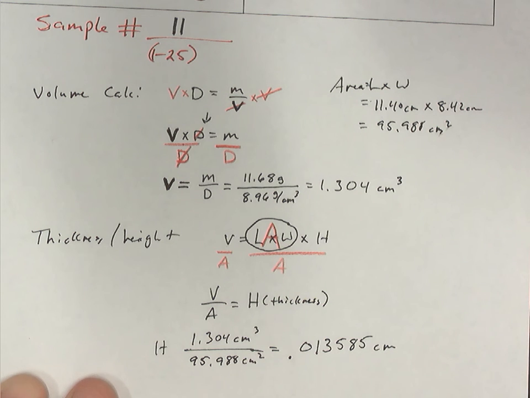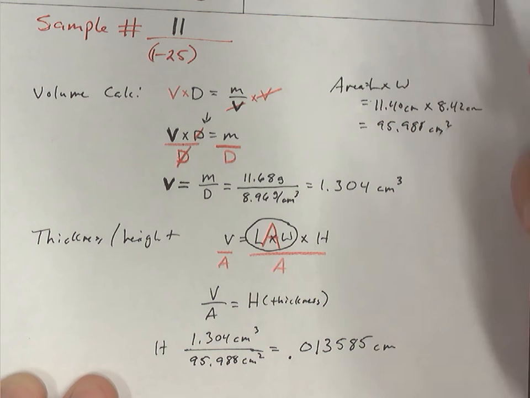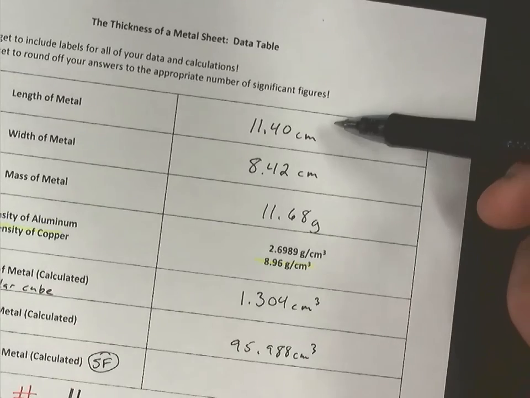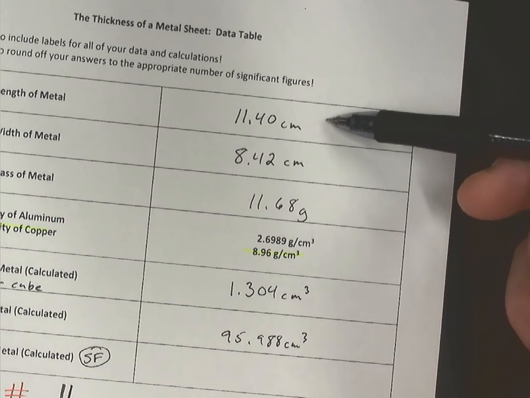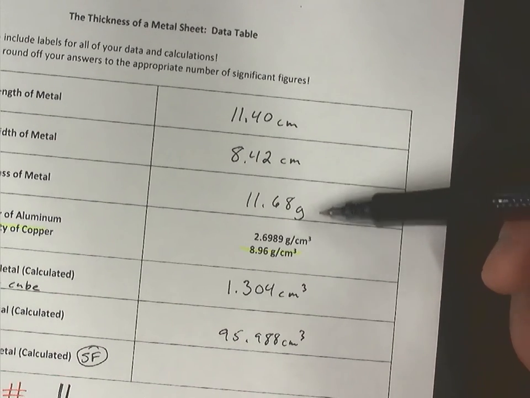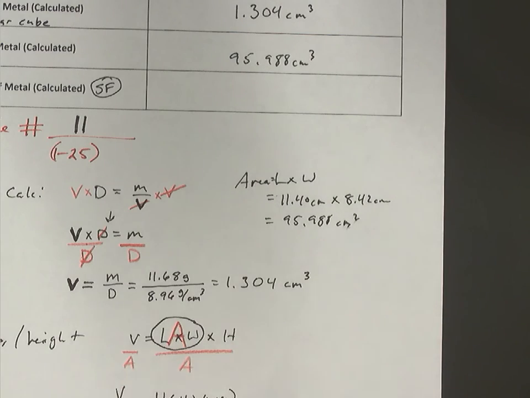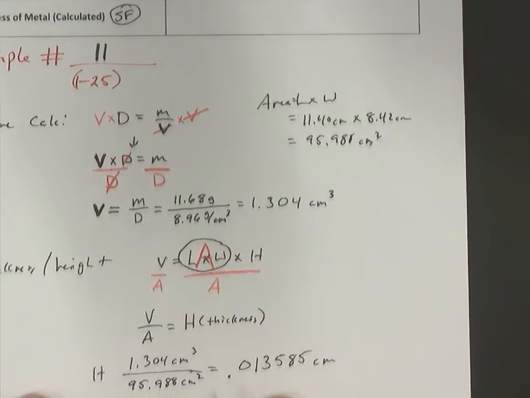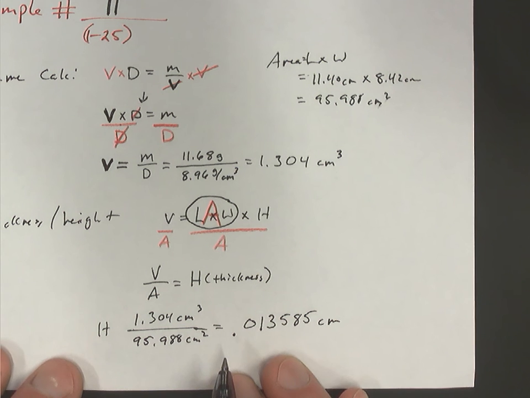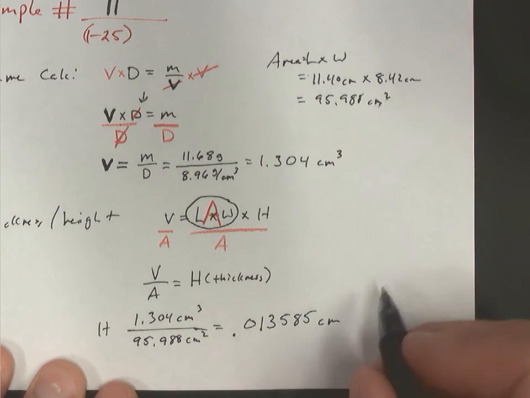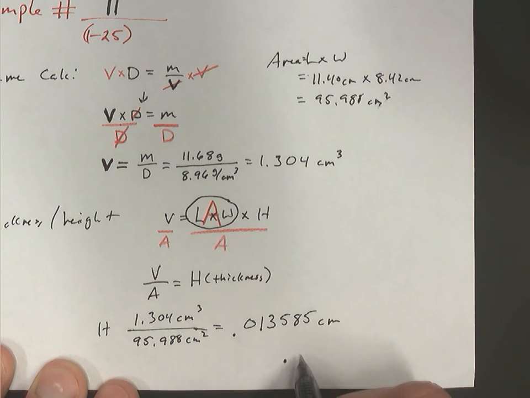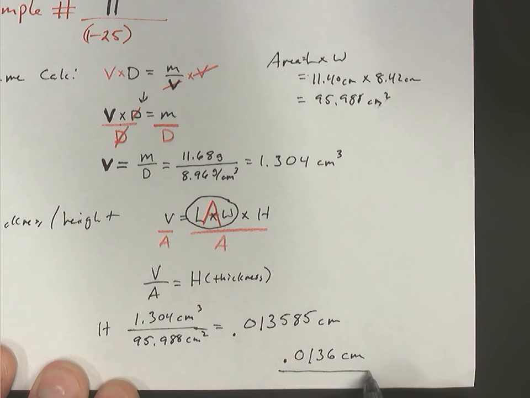Okay, so that's my calculator answer. If you go back up and look at all your measurements, 4 significant figures, 3 significant figures, 4, we have to go with 3 digits for our final answer. So we're going to round that to 0.0, which doesn't count as significant, 136 centimeters.